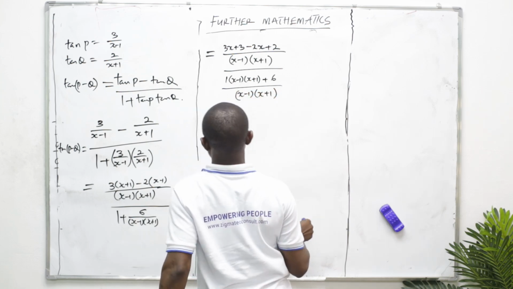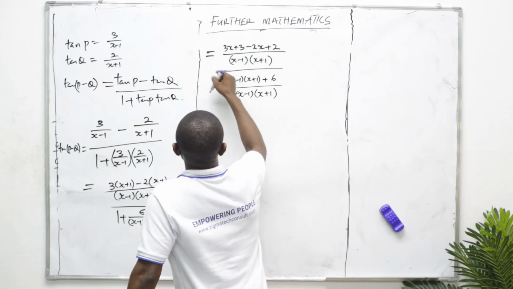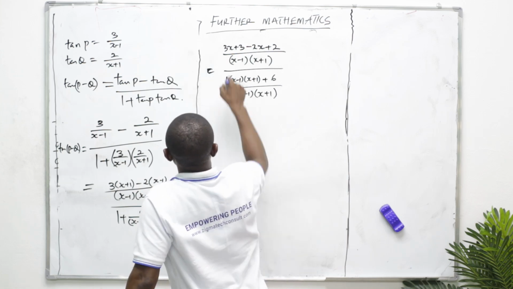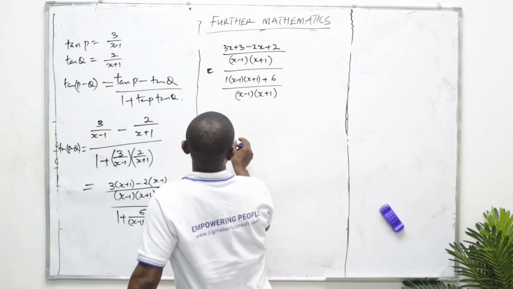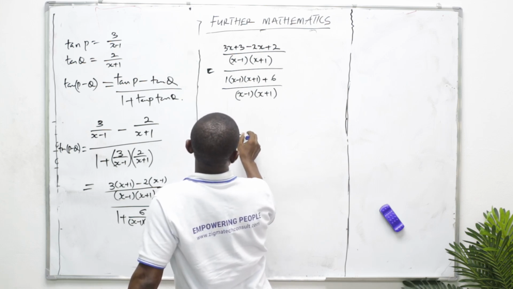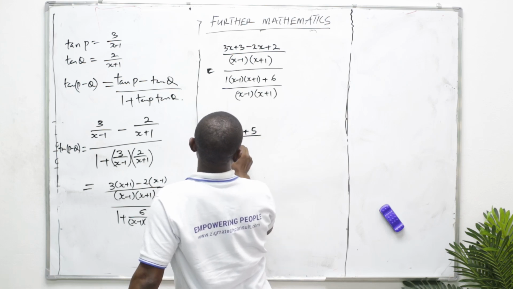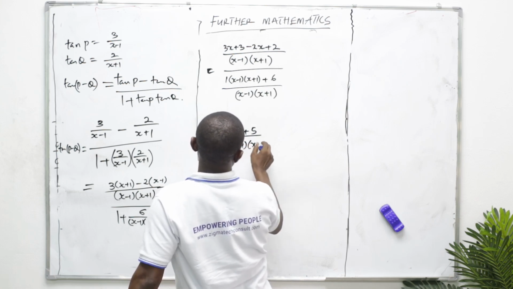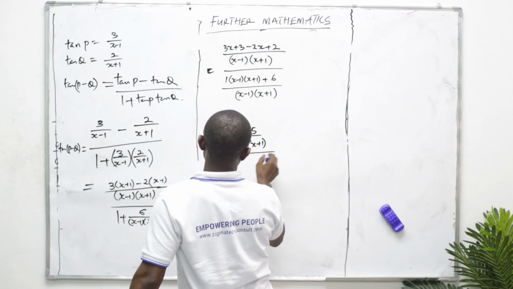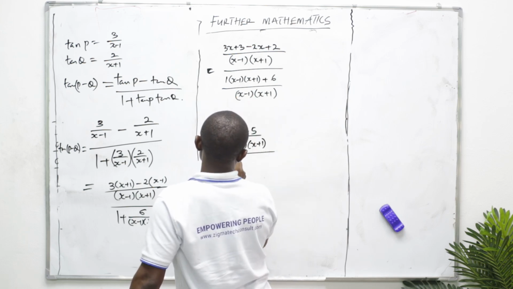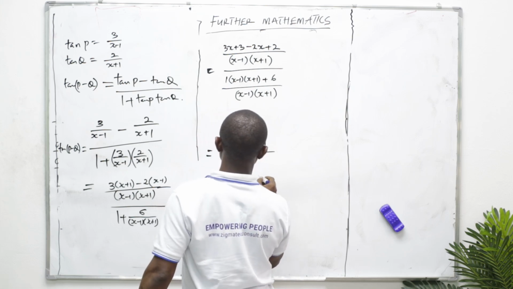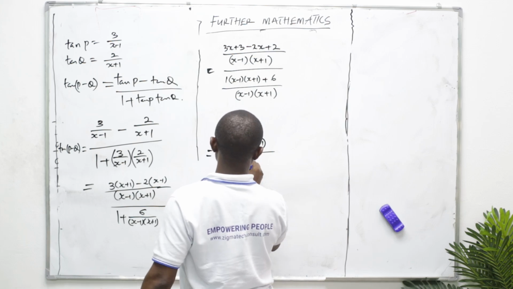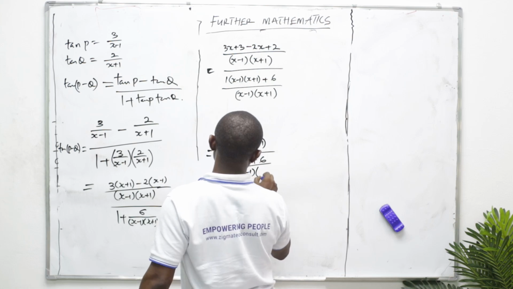Then this will be equal to 3x minus 2x is x plus 5, divided by x minus 1 into x plus 1, all over, let's expand here, x squared minus 1 plus 6 all over x minus 1 into x plus 1.